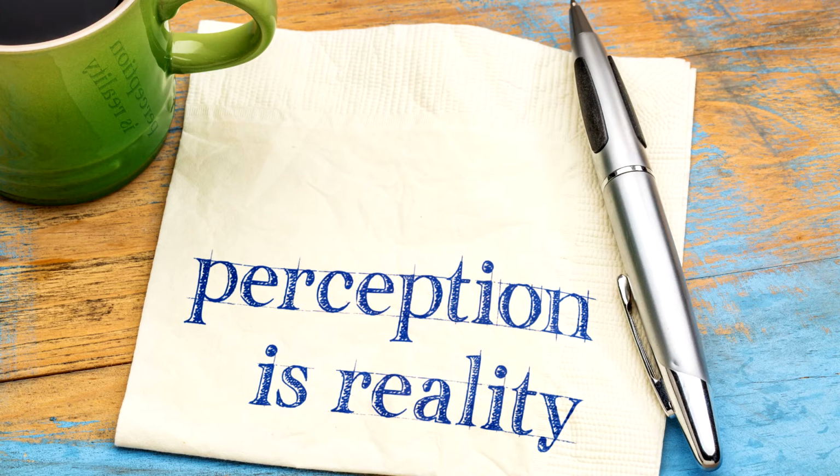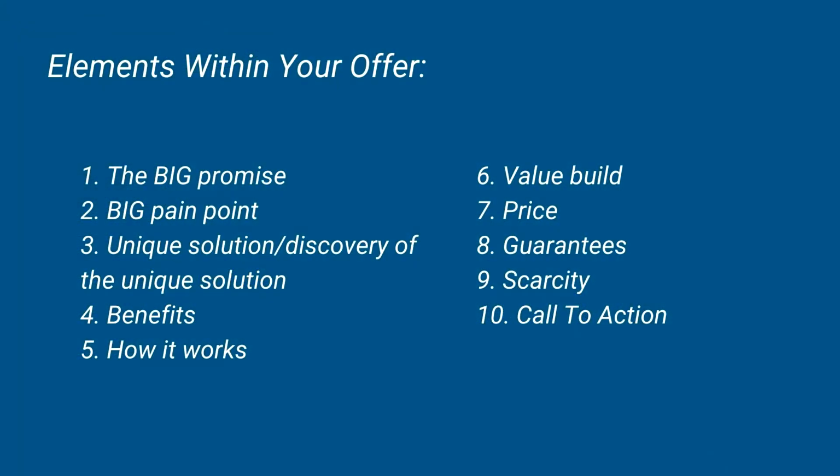And here's a few elements that should be within your offer, which is number 1, the big promise. Are you promising the prospect a result? 2 is the big pain points you're solving. Then it's the unique solution and discovery of the unique solution.